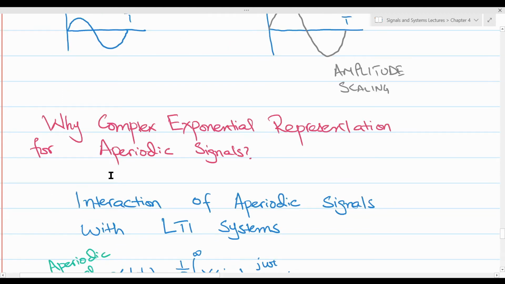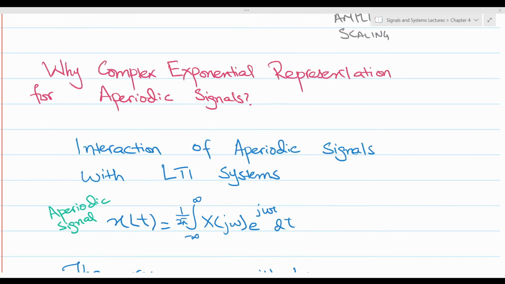One answer to this question is we want to analyze the interaction of aperiodic signals with the LTI systems. Now suppose we have an aperiodic signal x of t, which is represented by the synthesis equation of the Fourier transform, where X of j omega is the Fourier transform of x of t.